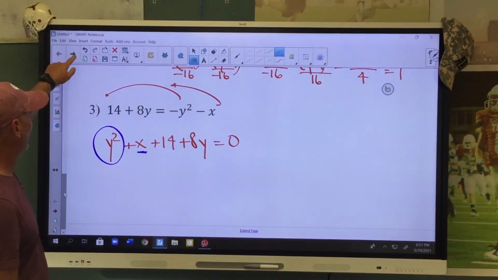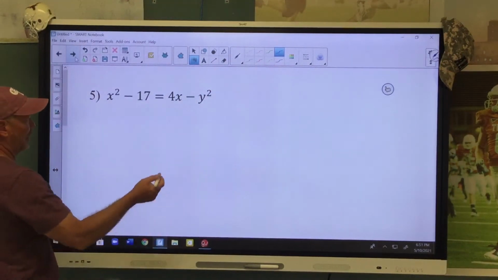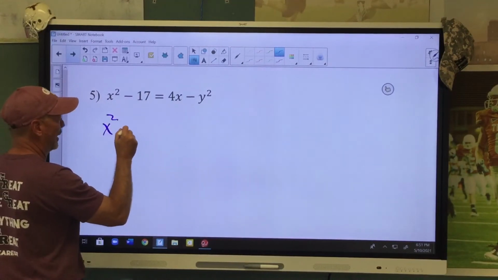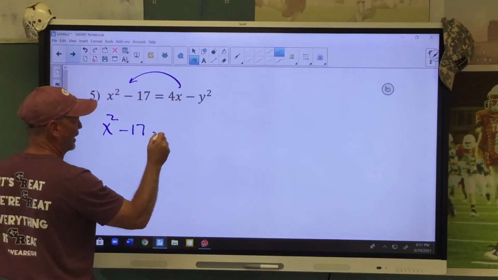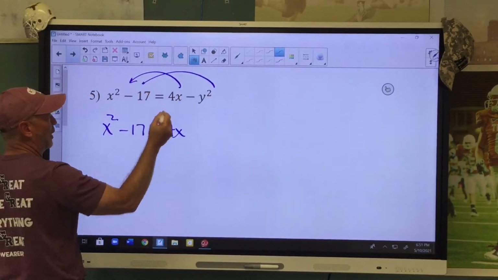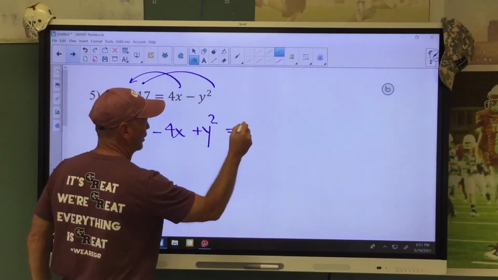All right, next problem. Number 5. I would get everything on the same side. I would have x squared minus 17. If I move the 4x, it becomes a negative 4x. If I move the y squared, it becomes a positive y squared. This would equal 0.